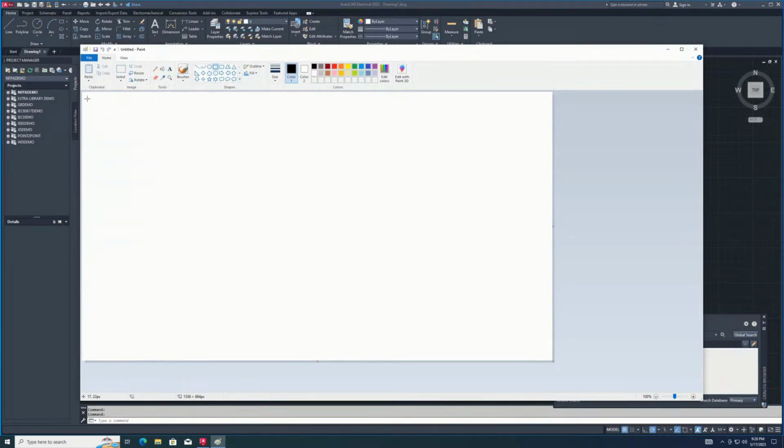Alright, just so we know what we've got going on, these will be our thermostats. So let's put 3 stats here. Like that. Just gonna connect them in.